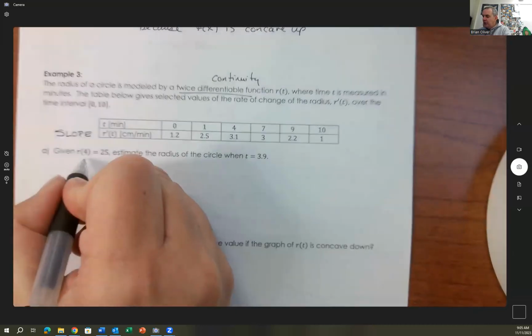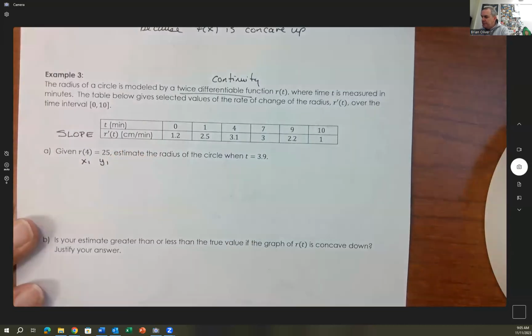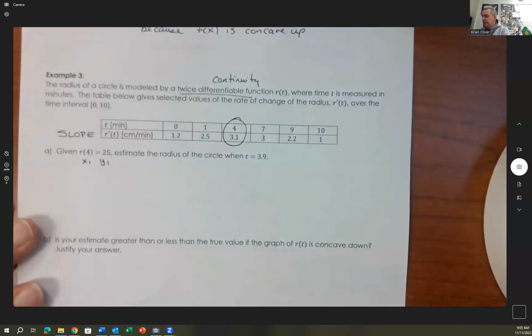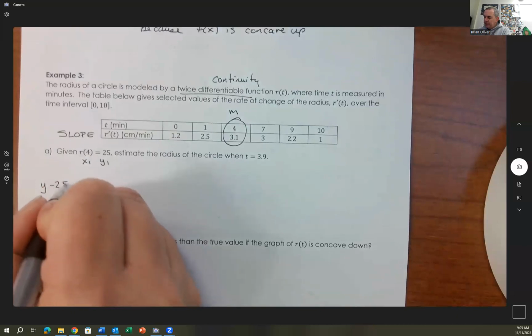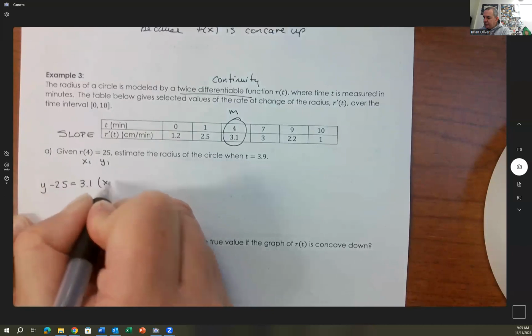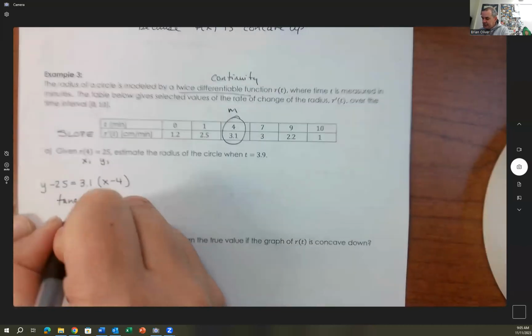Given that r of 4 is 25, there's my x1 and my y1. I need my slope, and there's my slope at 4. That's going to be my m. So we have y minus 25 equals 3.1 times x minus 4. That's my tangent line.